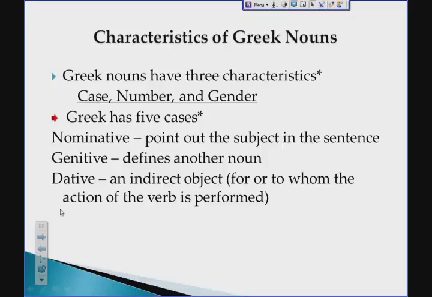The dative case, that is the 3rd one, an indirect object. John kicks the ball to me. Okay? It's a kind of, I'm standing in an advantageous position. Something that is done, an indirect object, for or to whom the action of the verb is performed.